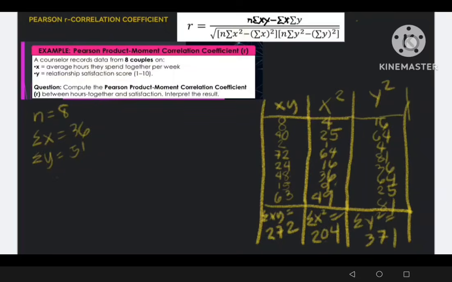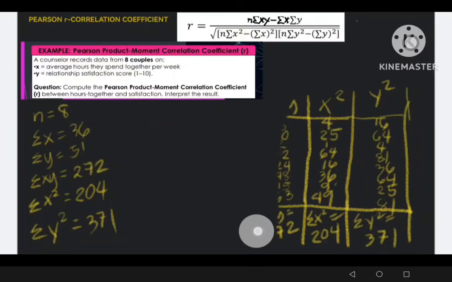We also have summation of x times y is equal to 272, summation of x squared is equal to 204, and summation of y squared is equal to 371. So, we're going to note that.